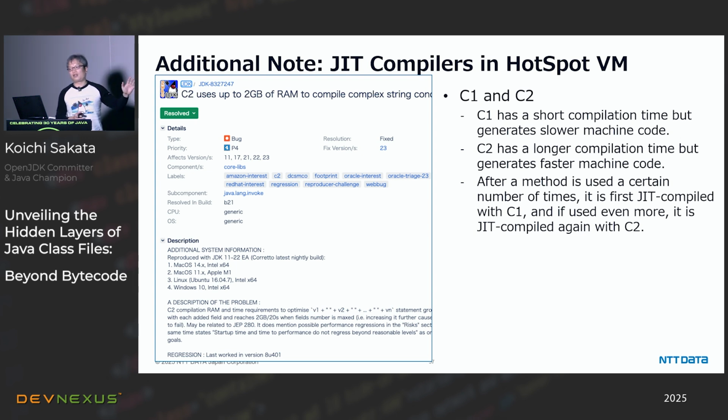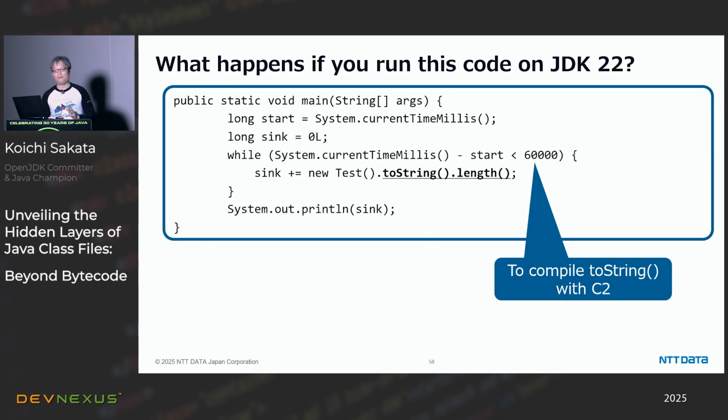Simply put, after a method is used a certain number of times, it is first JIT compiled with C1. And if used even more, it is JIT compiled again with C2. That's the reason why we run this code for 60 seconds. It calls the toString method many times, so the JVM compiles the toString method with C2.